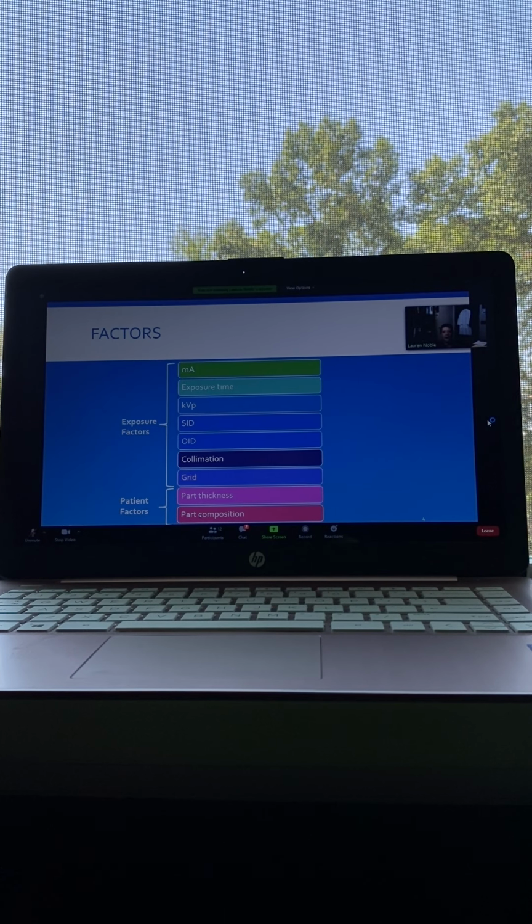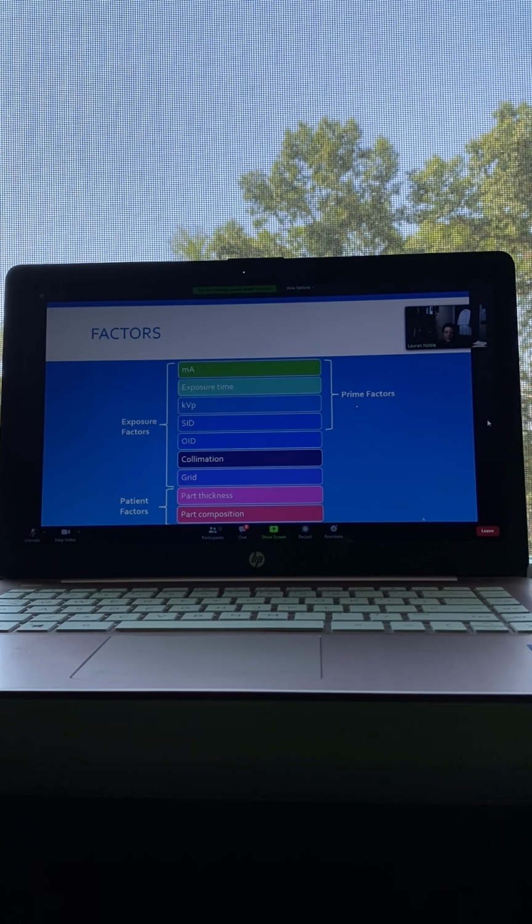We can add contrast media to a body part, but that has to be protocol for a particular exam. You just don't decide to add contrast media to the patient. And then, we've looked at the prime factors: MA, exposure time, KVP, and SID. These are considered to be the prime factors for radiation exposure.